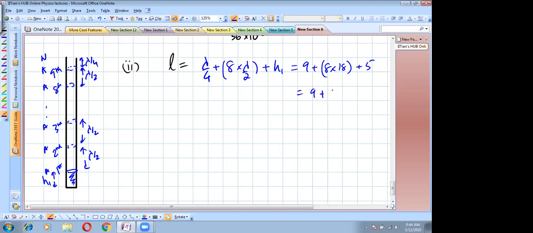So 9 plus 64, 128. This is the length of the organ pipe.